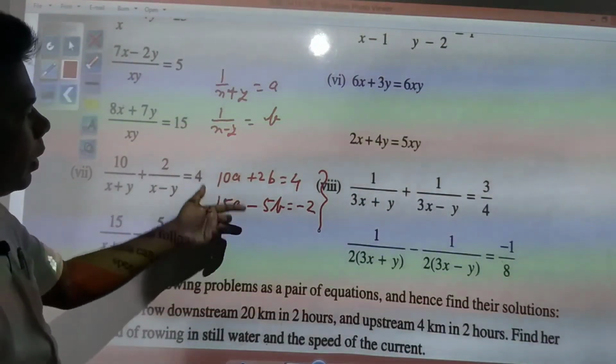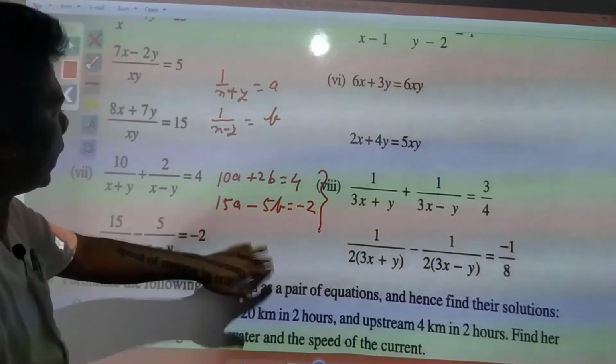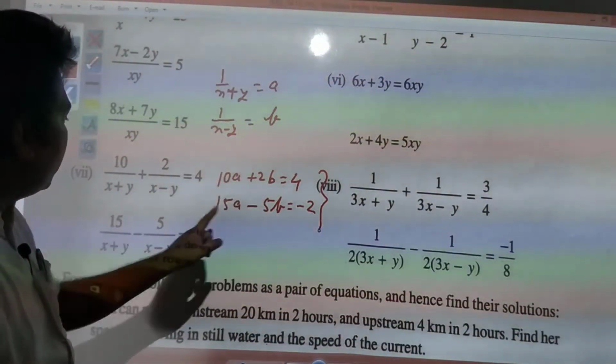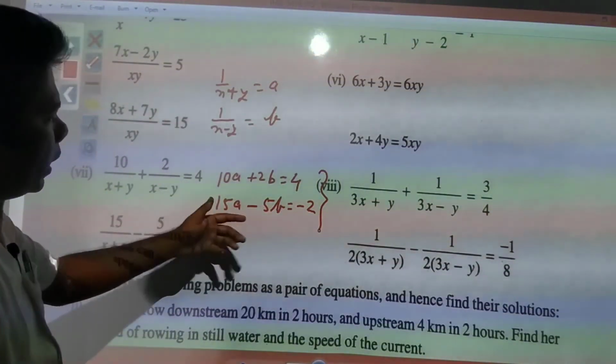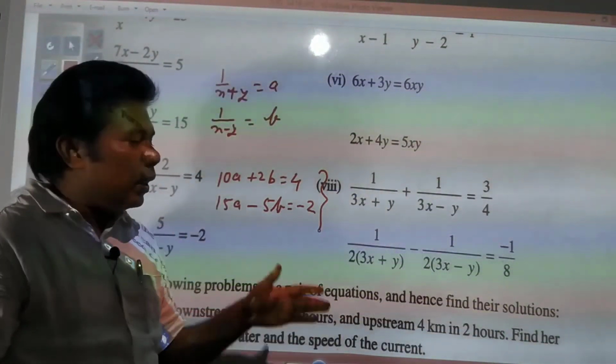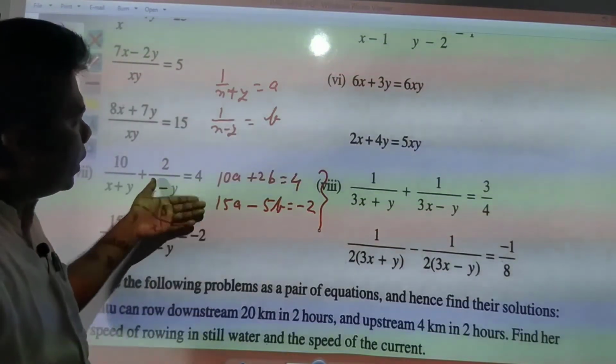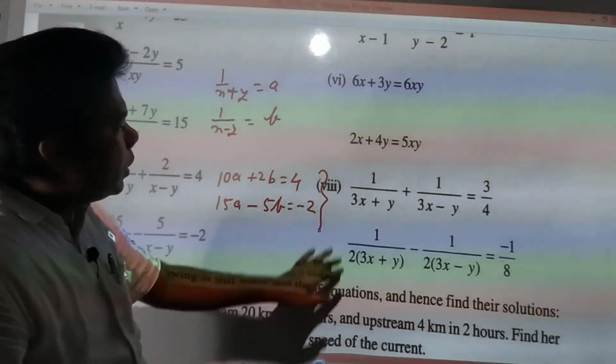Now this you solve, I think you will be able to solve, and then after getting a and b you replace them by x plus y and x minus y, and again two equations you will get, and then you need to find out x and y. We will see question number 8.